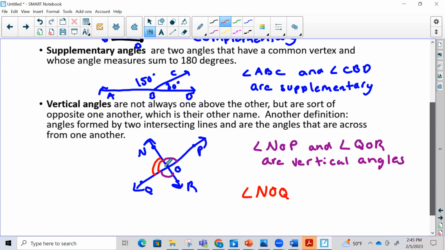That would be vertical to the angle across from it, this angle here, which is angle POR, or ROP. So whenever you have two intersecting lines, they always form vertical angles, two pairs of them. And the vertical angles are the ones that are directly across from each other.